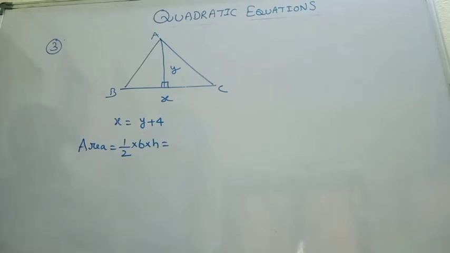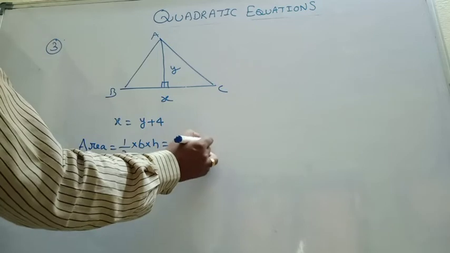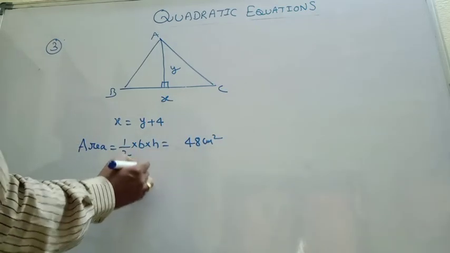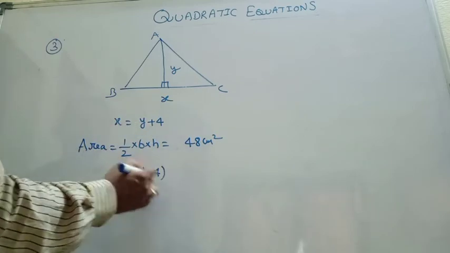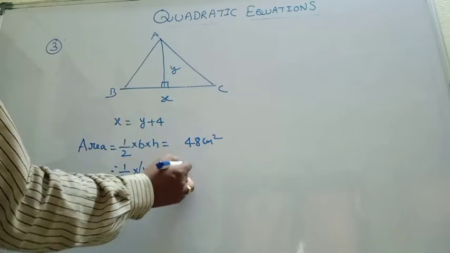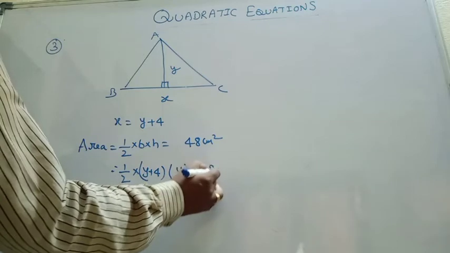The area of the triangle is 48 square centimeter. Now half into base, base is y plus 4, into height, which is y, that is equal to 48.